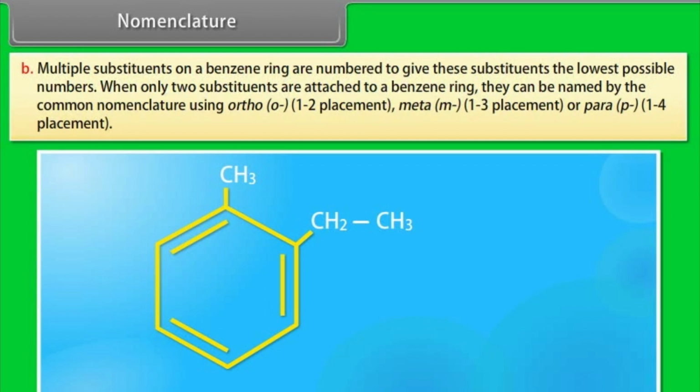When only 2 substituents are attached to a benzene ring, they can be named by the common nomenclature using ortho, o-, 1 to 2 placement; meta, m-, 1 to 3 placement; or para, p-, 1 to 4 placement. The given compound is 1-ethyl-2-methylbenzene or o-methyl-ethylbenzene.